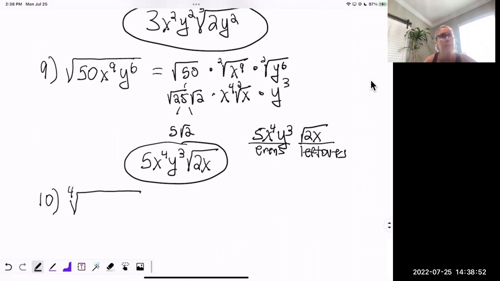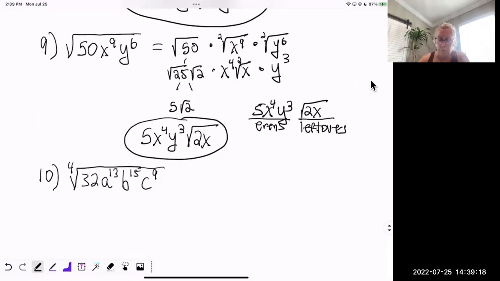Fourth root of 32, a to the 13th, b to the 15th, c to the 9th.